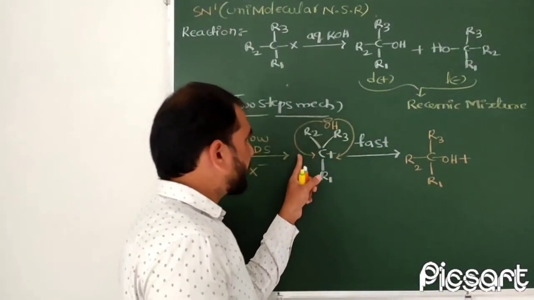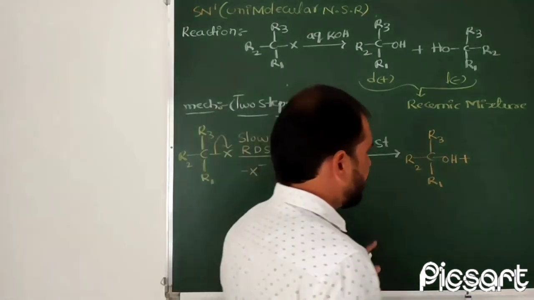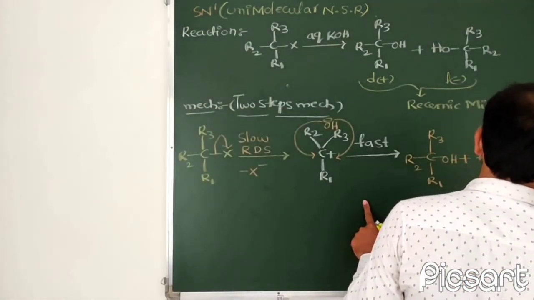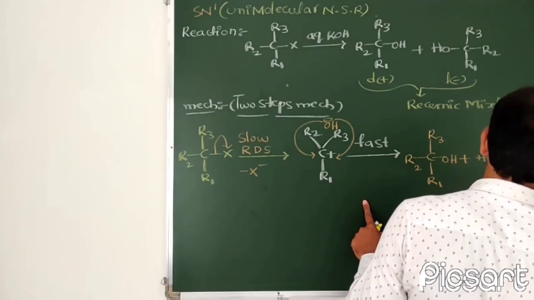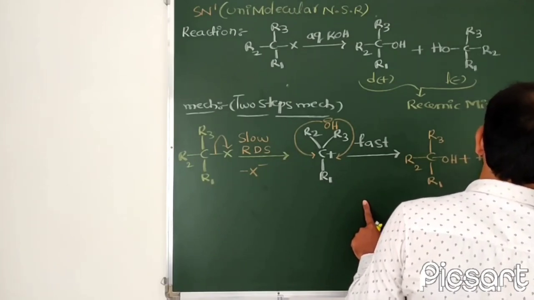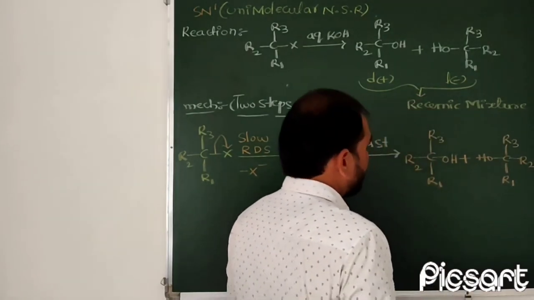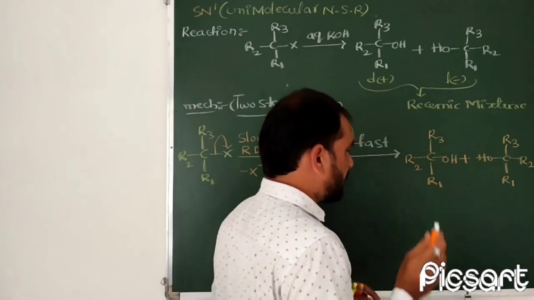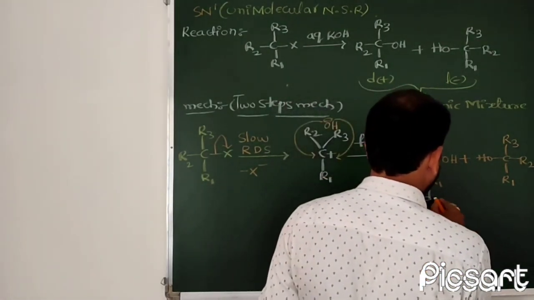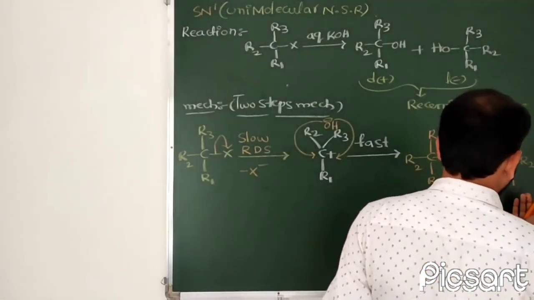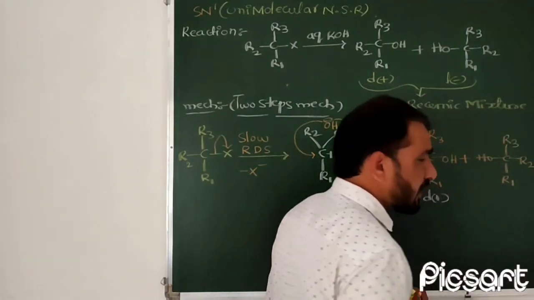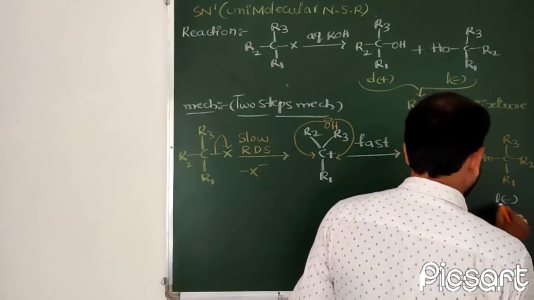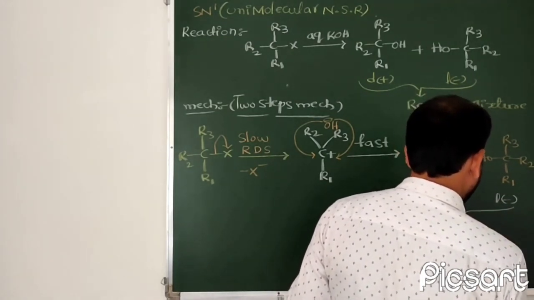If the OH group attacks the carbocation from the left side, the resultant product is the left side OH group containing alcohol. So this first one rotates the plane polarized light in a clockwise manner, so this is dextrorotatory. The left side compound is called levorotatory. Such a mixture is called a racemic mixture.